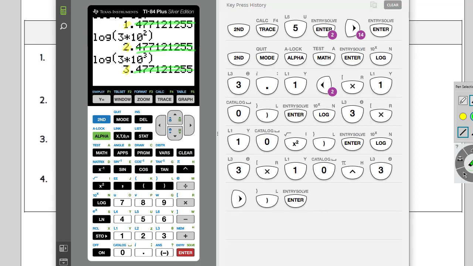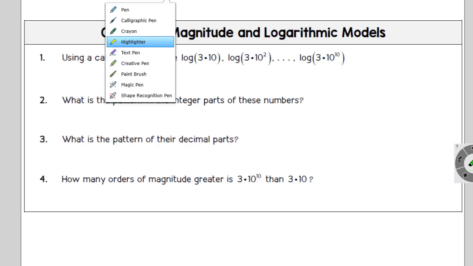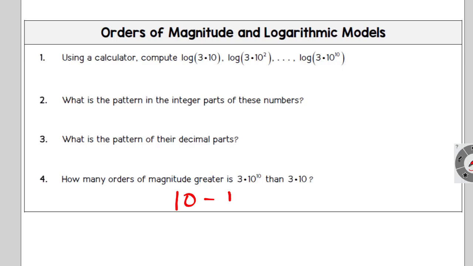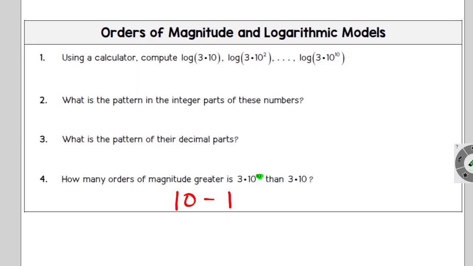Question 4 says, how many orders of magnitude greater is 3 times 10 to the 10 than 3 times 10? The answer to that is just the difference in the exponents. What we're going to look at is just 10 minus 1, because we're just taking that from the exponents.